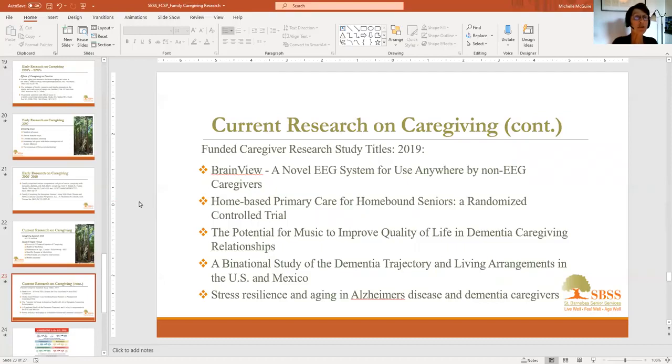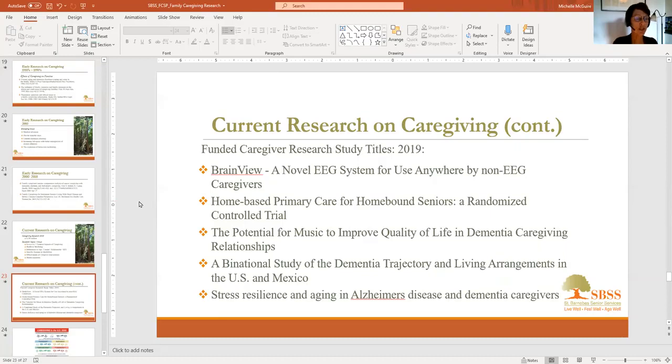Home-based primary care for homebound seniors. They're talking about doing home visits again, home-based primary care. This is great. The potential for music to improve the quality of life in dementia caregiving relationships. I think it's great that we're looking at something so beautifully aesthetic, like music, and how that could be a treatment. Wouldn't that be wonderful?